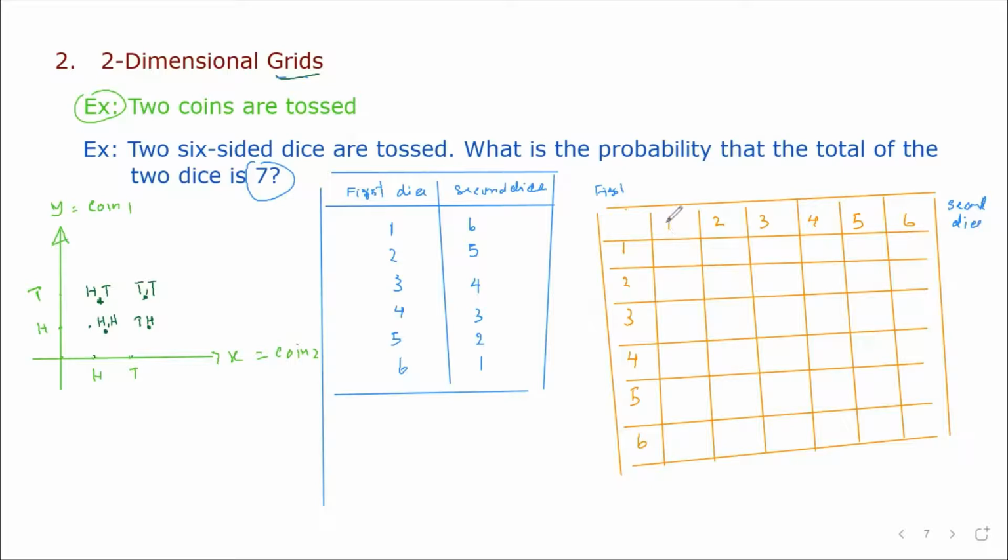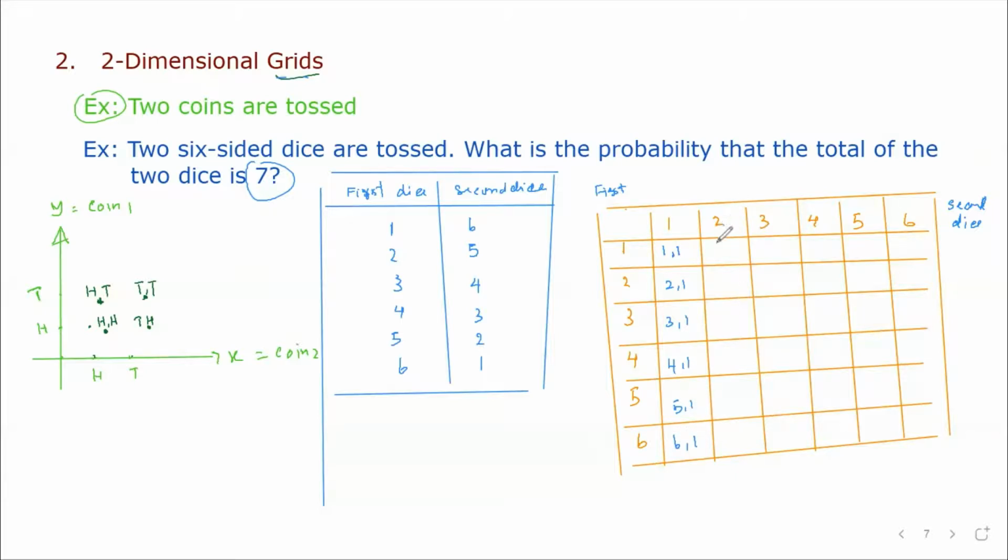Okay, so then you have 1 1, right? So you have 1 here, and then go on 1 1, so 2 1. You can use either one first, but this one we assign as the first die, so we write it first. So this one will become 3 1, 4 1, 5 1, and 6 1.